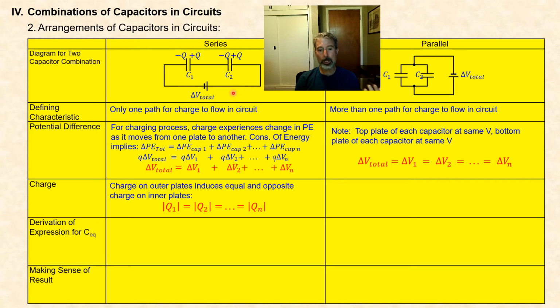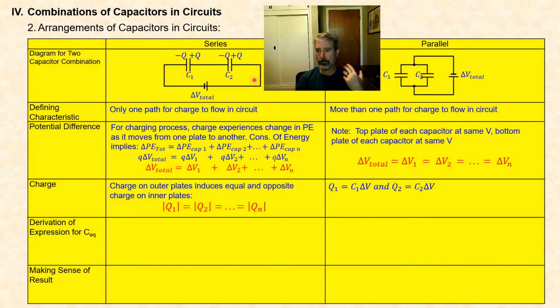So each capacitor requires the same charge on each plate, and for the single capacitor that replaces the combination, the charge on that capacitor will also be the same as on any individual capacitor.